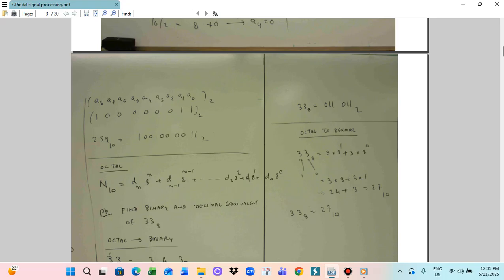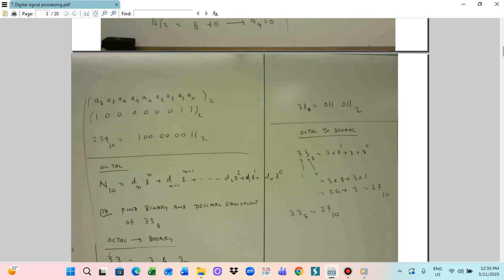So the answer will be 1, 0, 0, 0, 0, 0, 0, 1, 1, base 2. So this means that 259 base 10 is equal to 1, 0, 0, 0, 0, 0, 0, 1, 1, base 2. So this is the way that we find the equivalent of 259 in base 10.